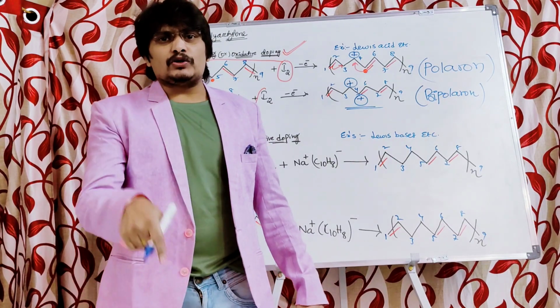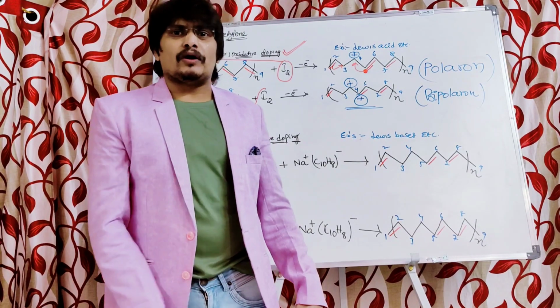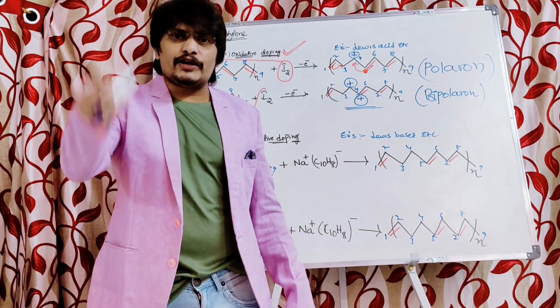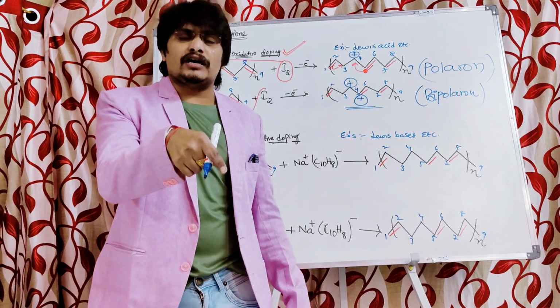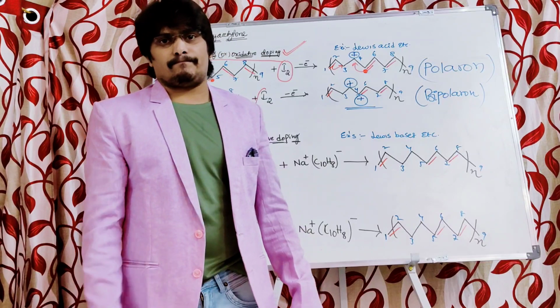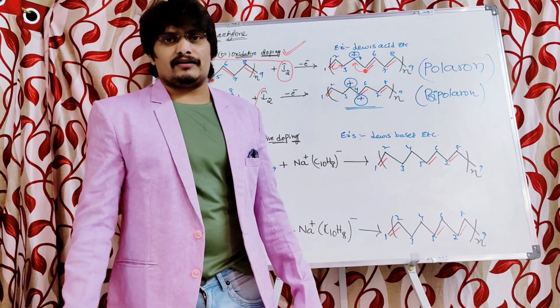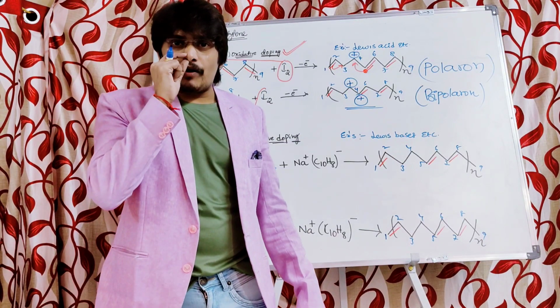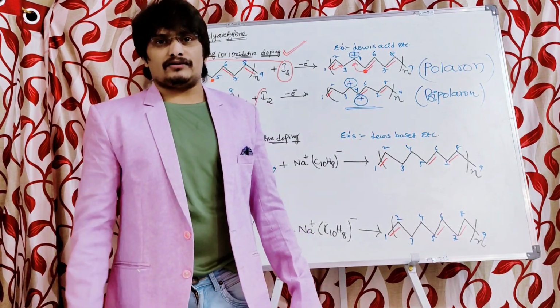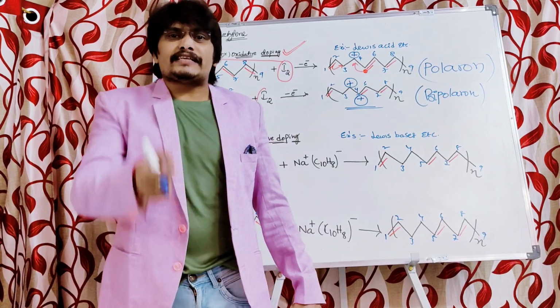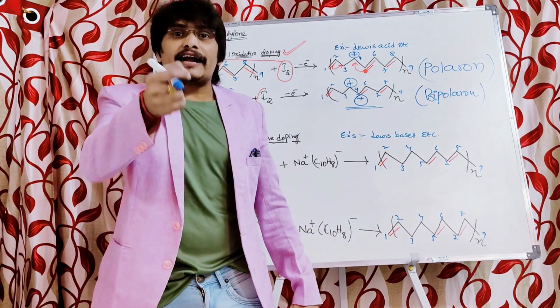So in order to get stabilized, what will it do? It will give the electron to the conducting polymer. Whenever it is giving the electron to the conducting polymer, the conducting polymer will gain the electrons. Now, gaining the electron is nothing but what? Reduction.